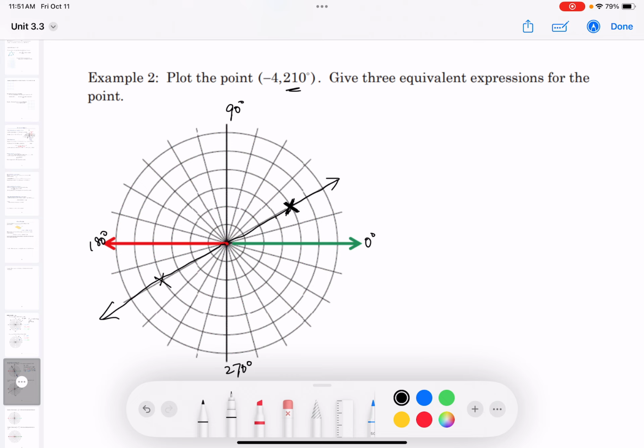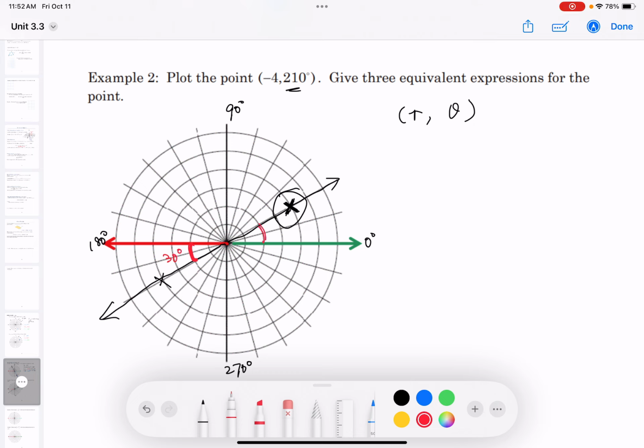And then let me ask you, from this image, can you find the (r, theta) with theta in the first quadrant? Yes, I can do that, because what is the reference angle here for the 210? 30 degrees.